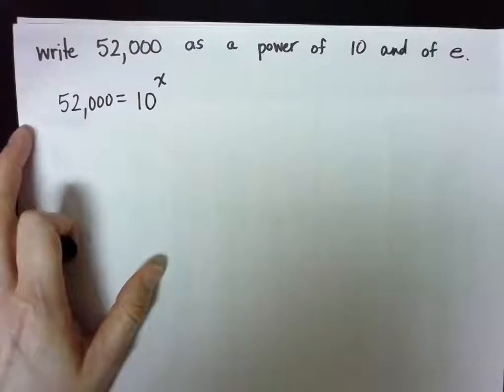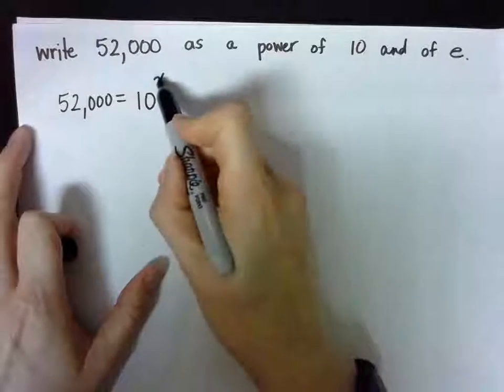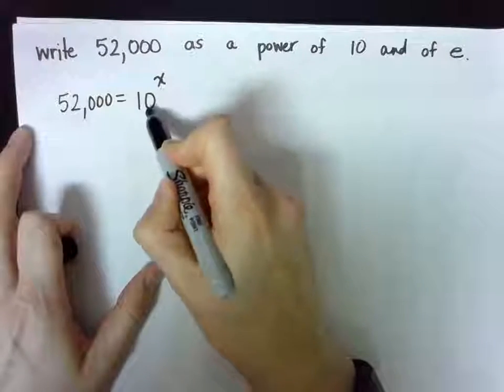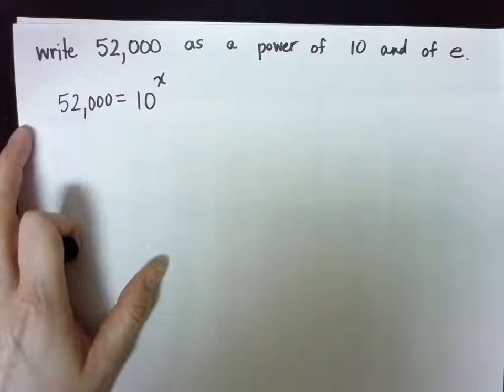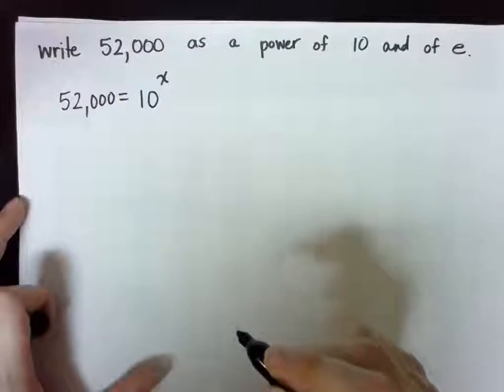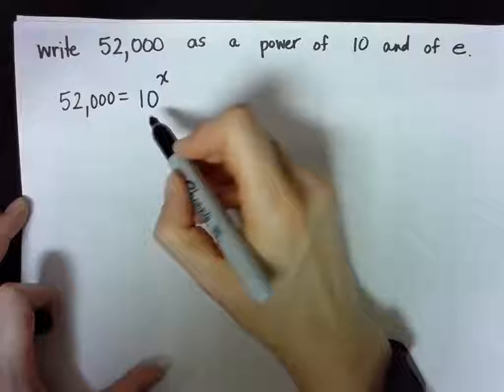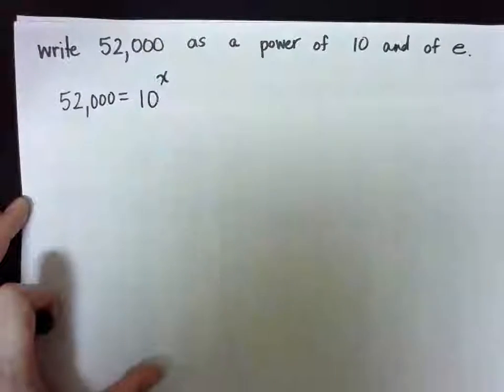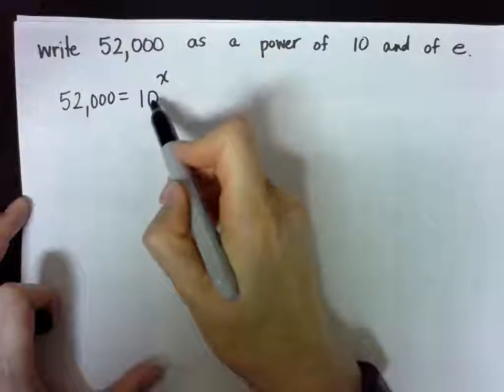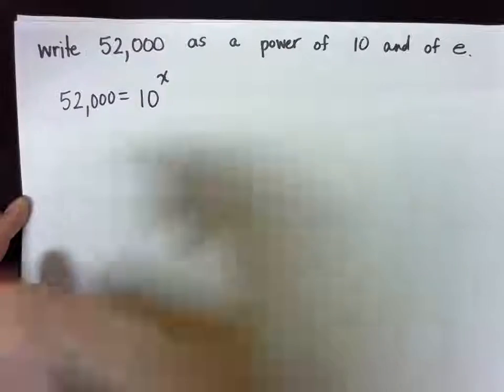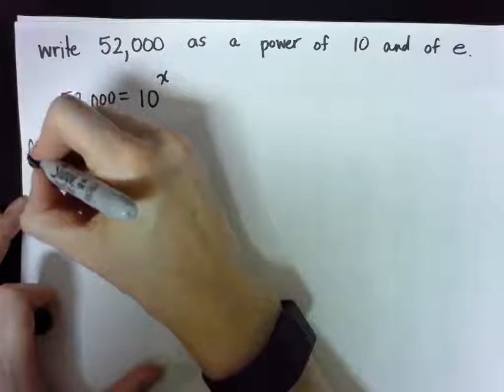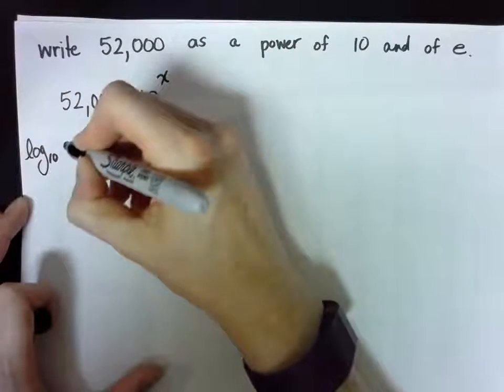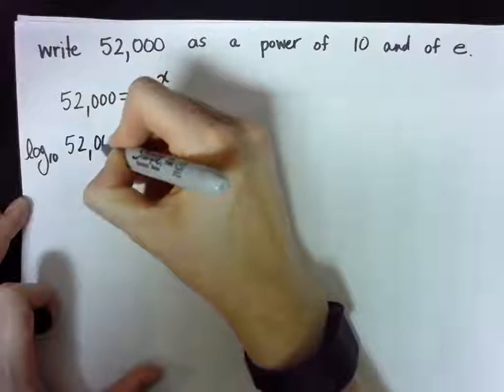What would the power be that we have to put onto 10? Well, to solve for x and get it by itself, we would have to take the log on this side. So we take the common log, or log base 10, of both sides.